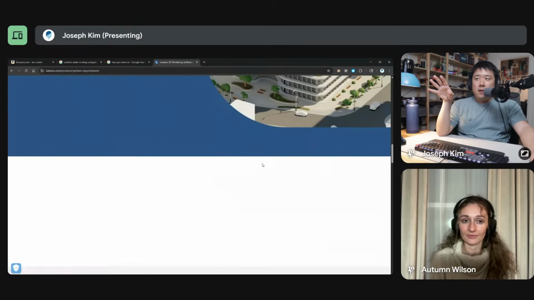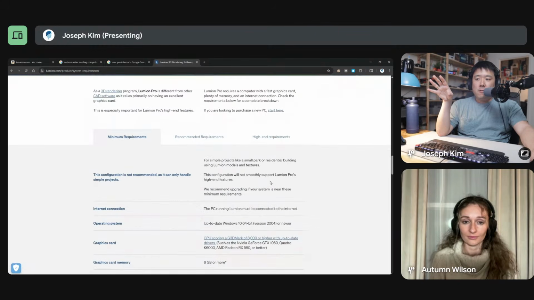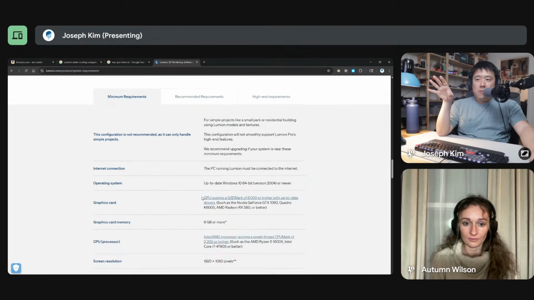However, I would think Lumion Pro requires a dedicated graphics card. There's GPU scoring, a benchmark, with cards such as the NVIDIA GeForce GTX 1060. The 1060 is pretty cheap, a low-grade graphics card. Then Quadro K6000 and AMD. These are the three different companies' graphics cards they're talking about. But that's the minimum requirements.